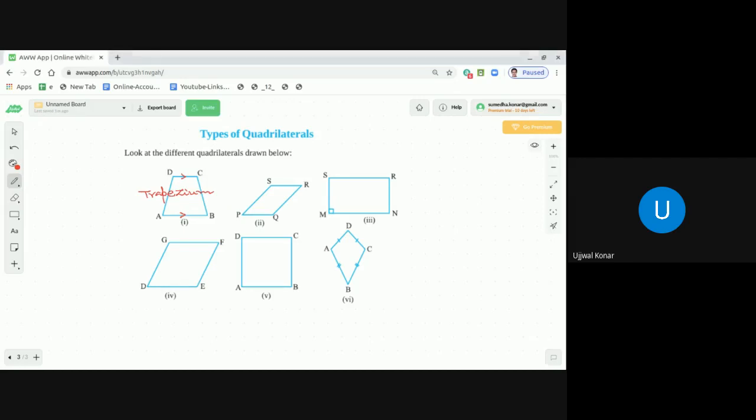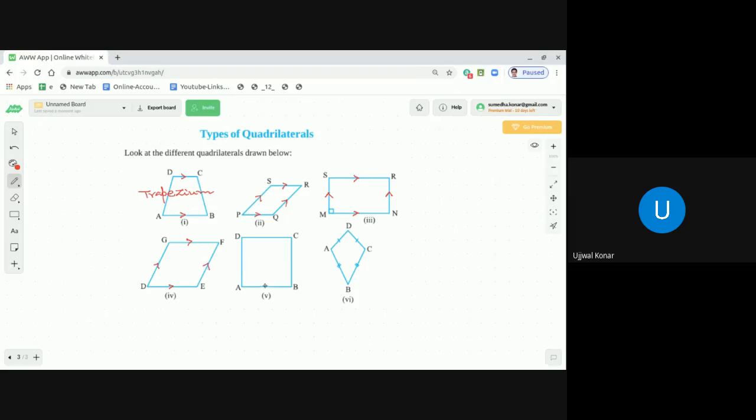For example, in diagram 2, PQ is parallel to SR, and QR is parallel to PS. Similarly, MN is parallel to SR and NR is parallel to MS. In diagram 4, DE is parallel to ZF and EF is parallel to DG.